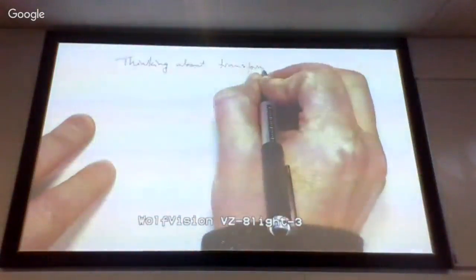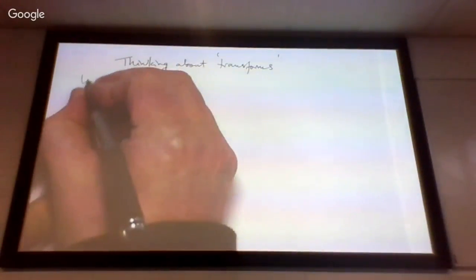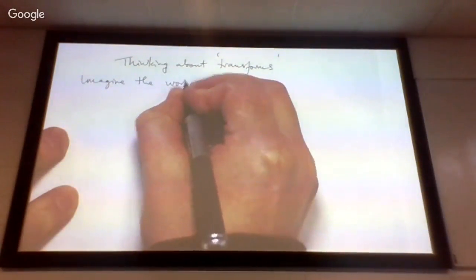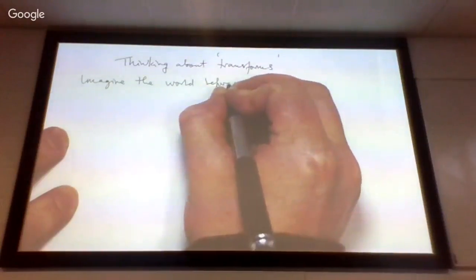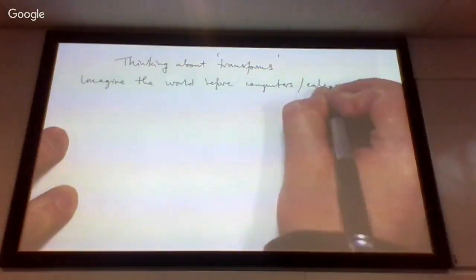So this is thinking about transforms in the context of something you already understand. Okay? So I want you to imagine the world before computers, calculators.